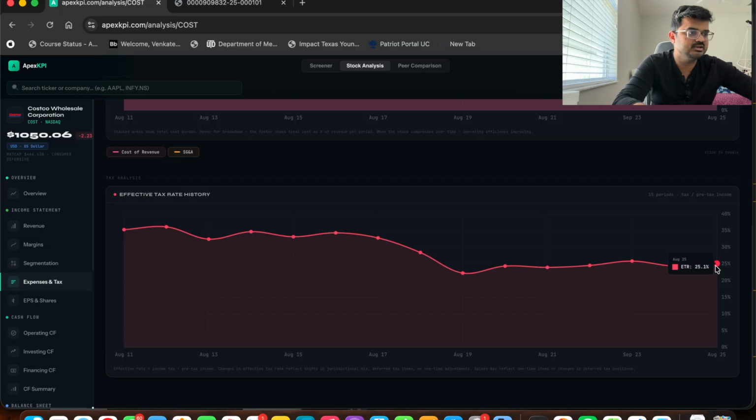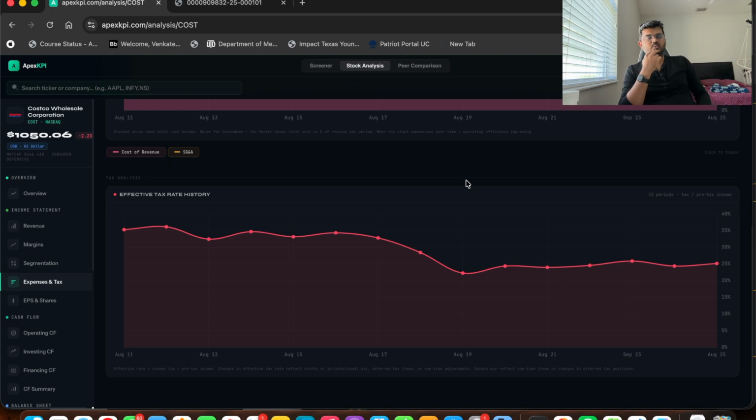In the most recent year of August 2025, Costco paid 25 percent of the taxable income as tax to the government. And I would like you to just think through why the taxation rate was much higher, approximately 35 percent pre 2018. And after 2018, what change has been done in the US taxation so that the taxation is at 25 percent.